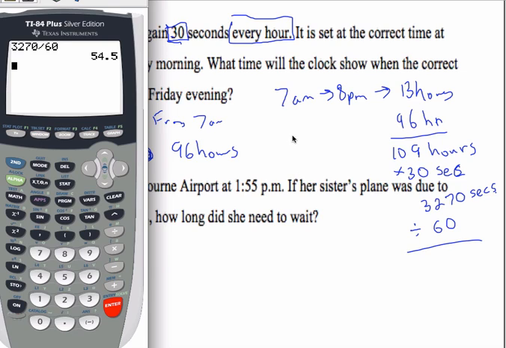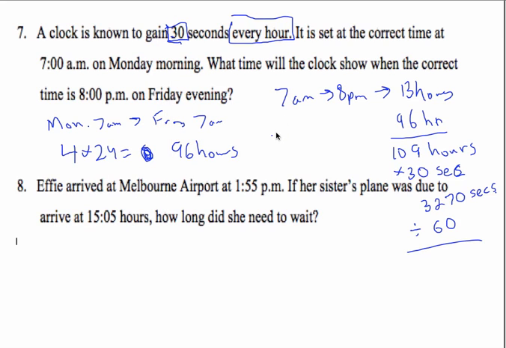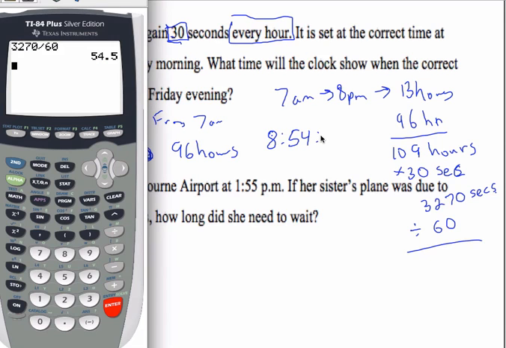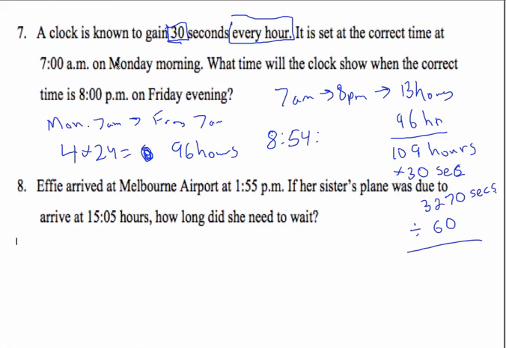So it's going to show basically 8:54, right? And if there's seconds on there, well, actually that's half a minute, so that's going to be like 30 seconds. So if it has seconds there, it'll be 8:54.